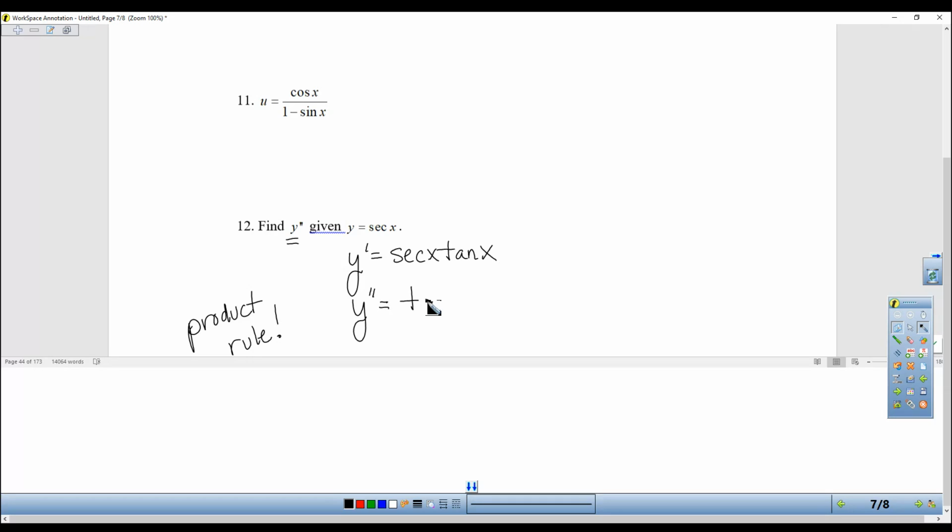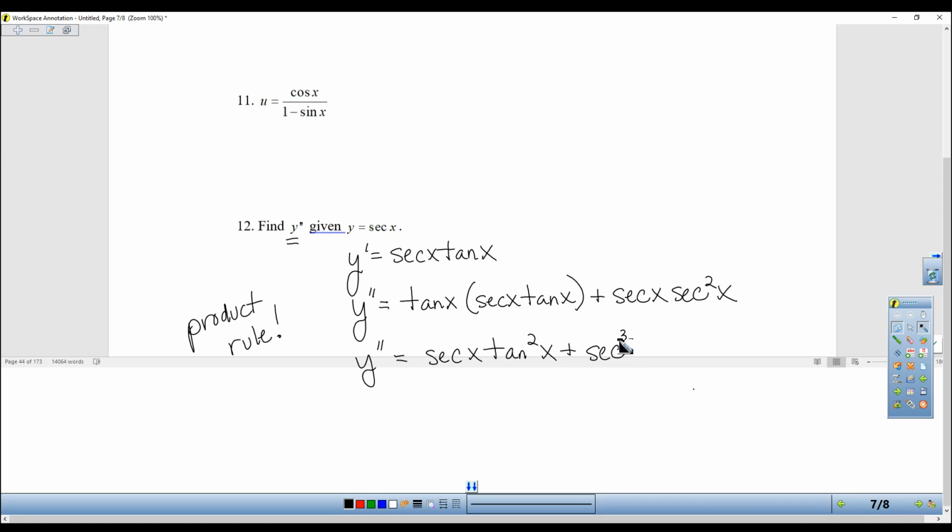So the second times the derivative of the first, the derivative of secant is secant x tangent of x, plus the first times the derivative of the second. The derivative of tangent is secant squared, giving me a final answer of secant x tangent squared x plus secant cubed x.